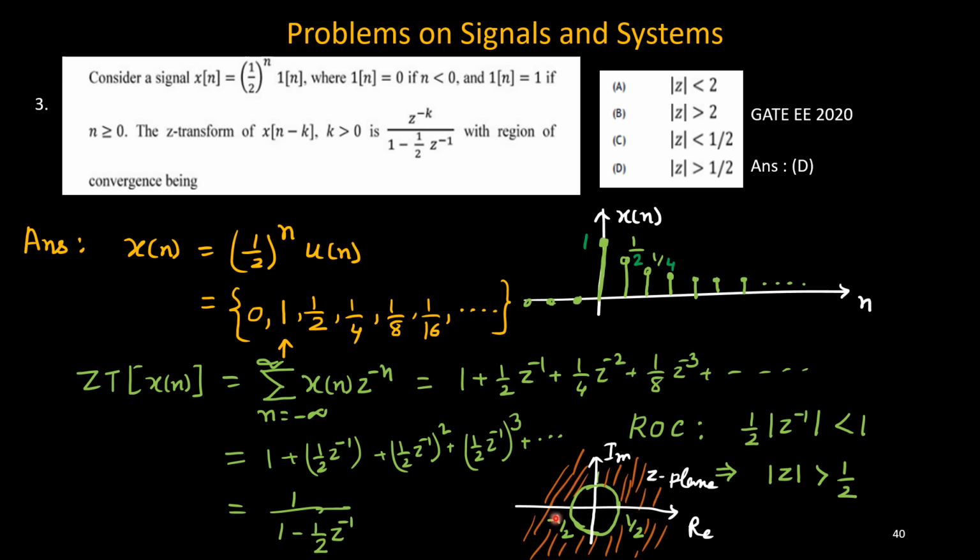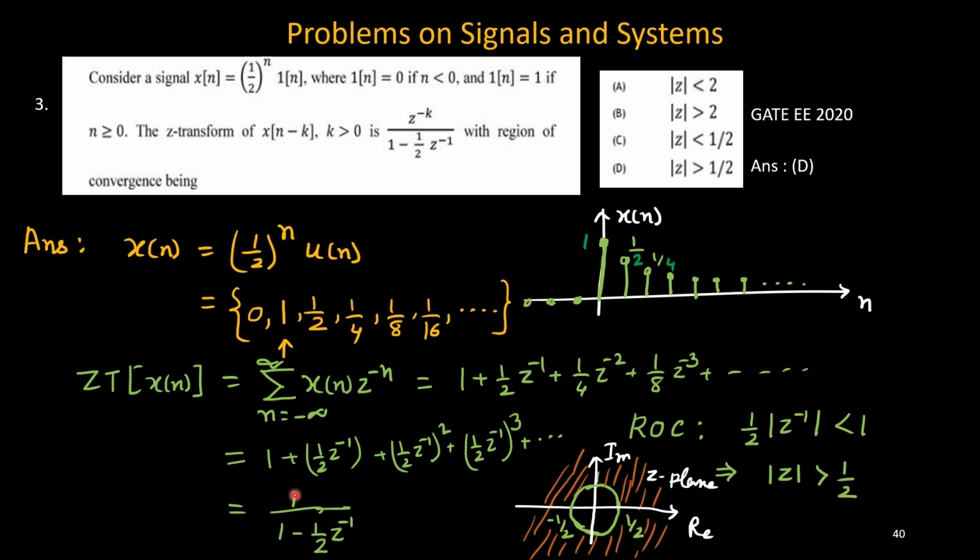If I consider one circle here, mod z equal to half means a circle with radius half, and mod z more than half means the region outside this circle. For any point in this outside region, the series will converge.